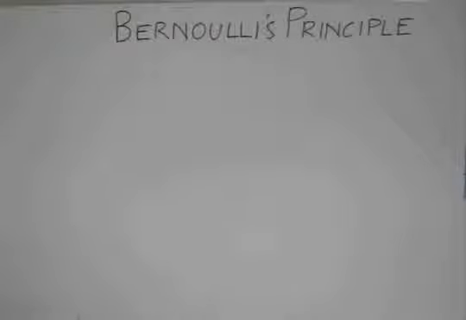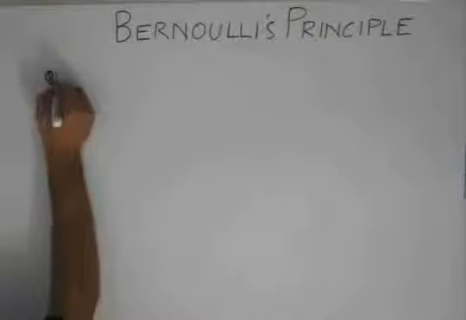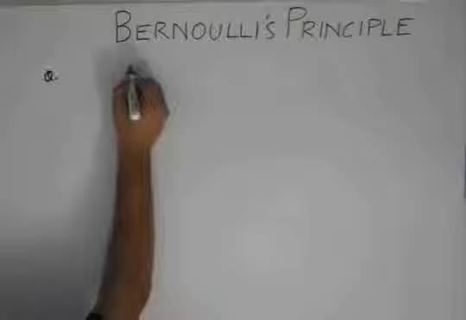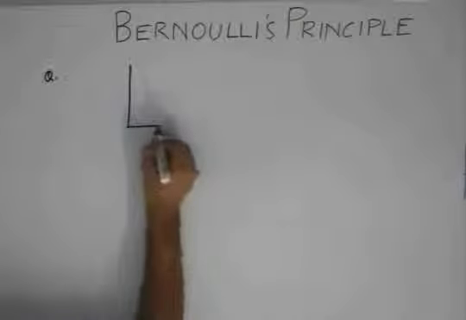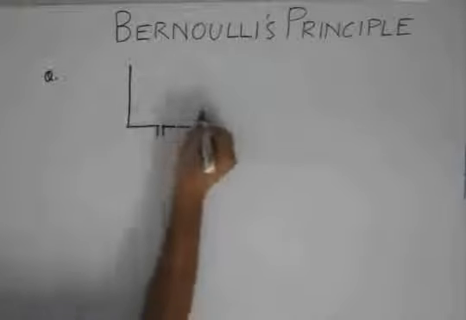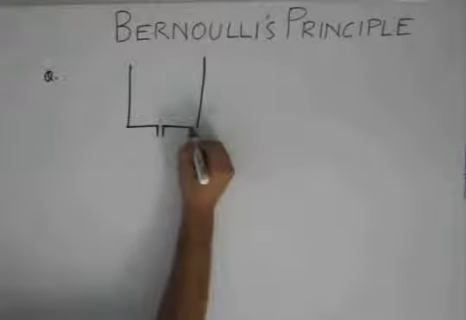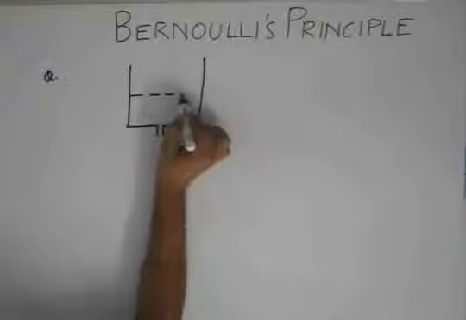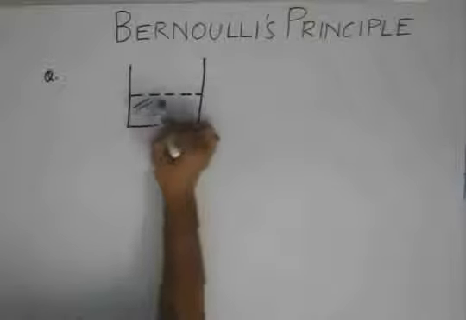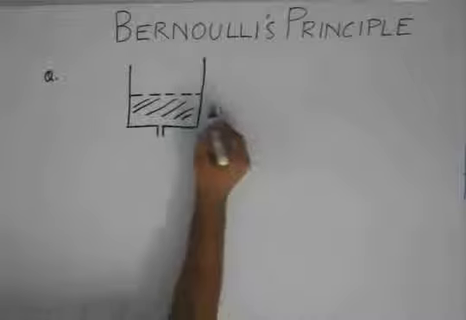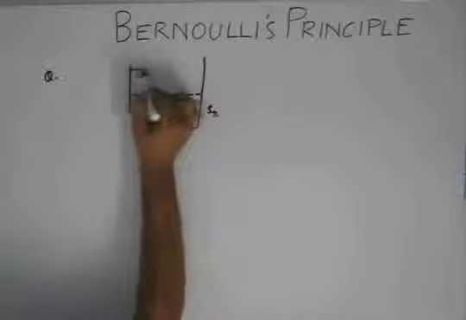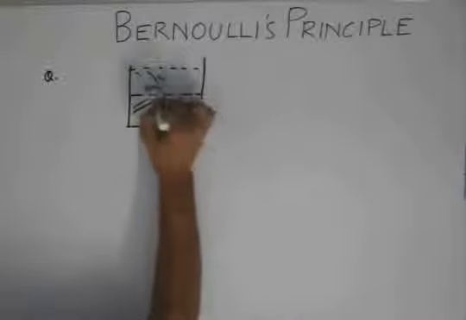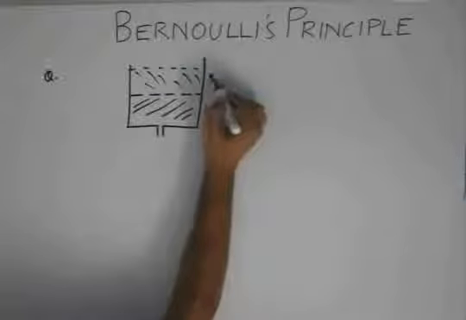Let us now look at a few problems based on Bernoulli's principle. See, we have a container like this with a small orifice in the bottom. We have two liquids separated by this interface. Say this is liquid 2 of density rho 2 and another liquid on top of it, let's say with a density of rho 1.